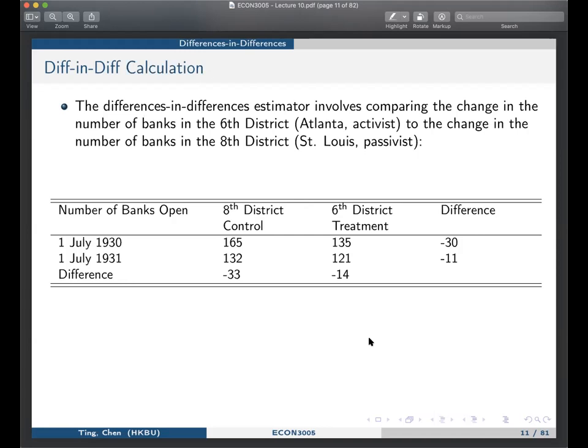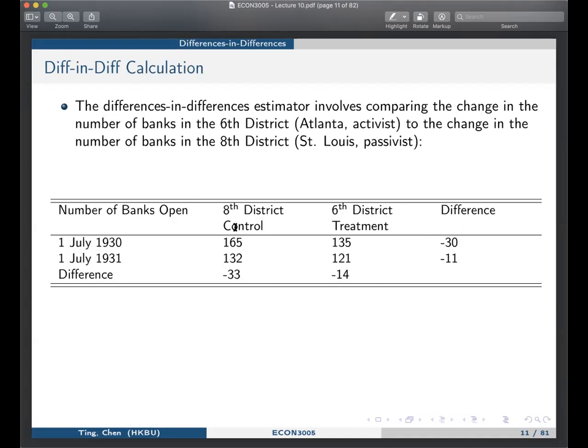That is, they are more passive about central bank intervention. So we can make use of this difference of the control group, the minus 33, or we can take it at the row, minus 30s, the pre-treatment difference.